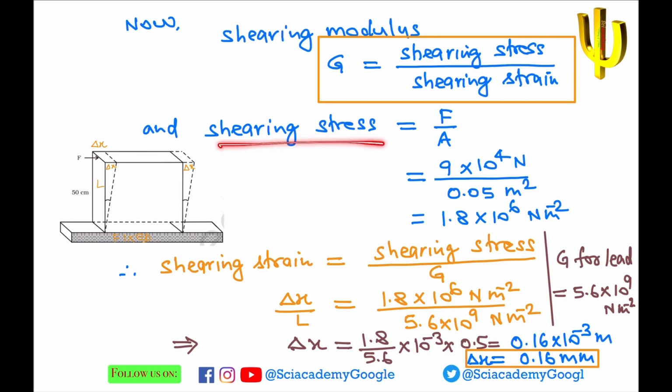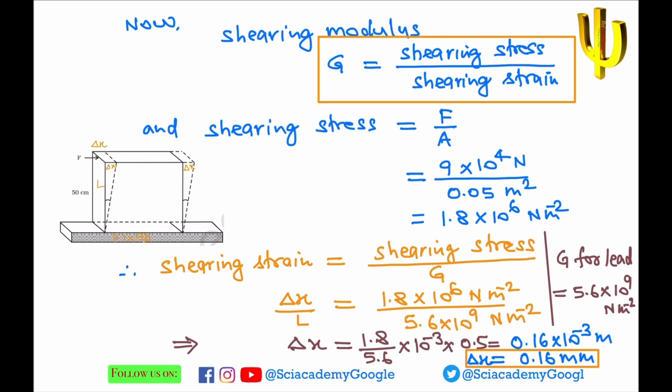Firstly we'll calculate the shearing stress. The applied force is 9 into 10 to the power 4 Newton, and the area of cross section we calculated is this much. Therefore shearing stress is 1.8 into 10 to the power 6 Newton per meter square.